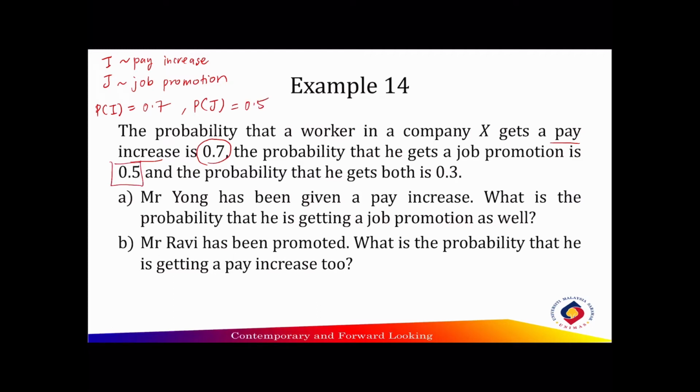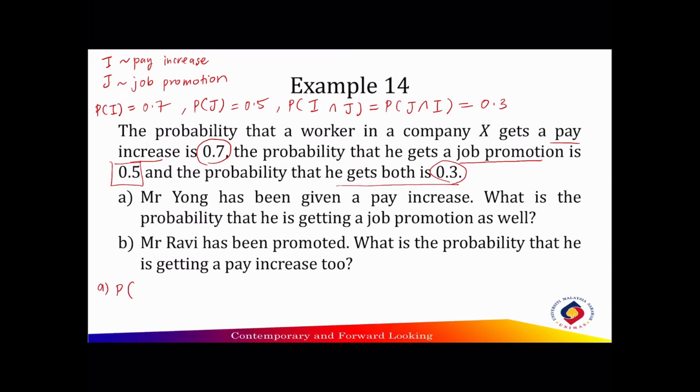Okay, so that is the job promotion. And then we are also given the probability of I intersect J, or probability of J intersect I, which is 0.3.